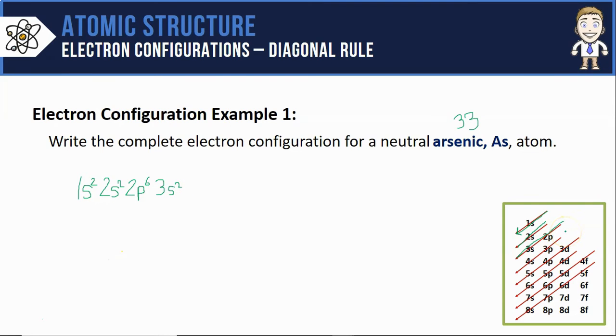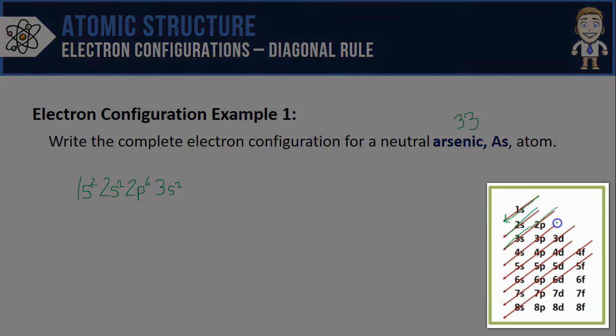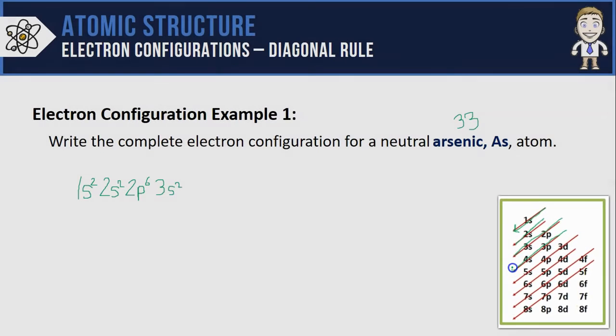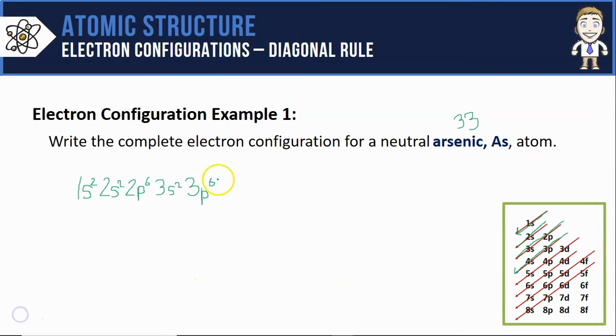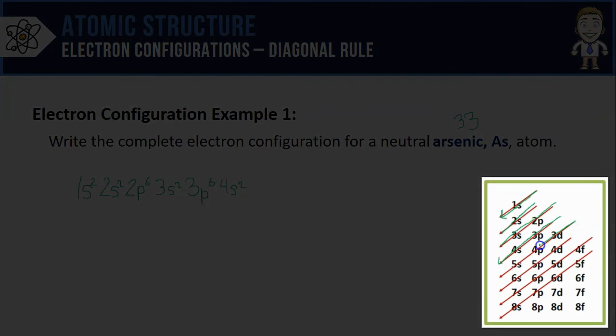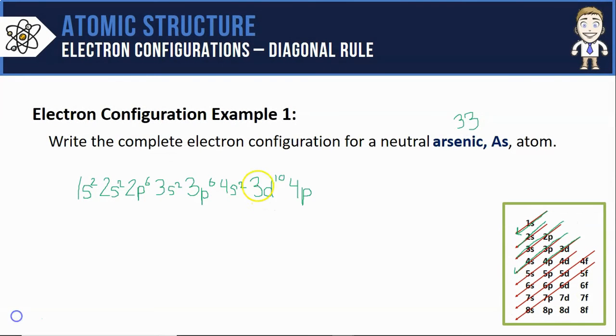And here's where you really need the diagonal rule, because after the 3s, my arrow tells me first the 3p, then the 4s orbitals. So here's my 3p6, then the 4s's, which can of course hold 2. After those 4s orbitals, we'll fill the 3d's, followed by the 4p's. So here's my 3d, which holds 10 electrons, my 4p's.